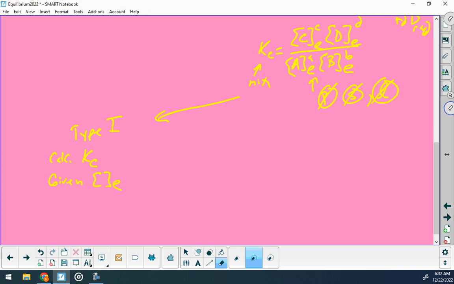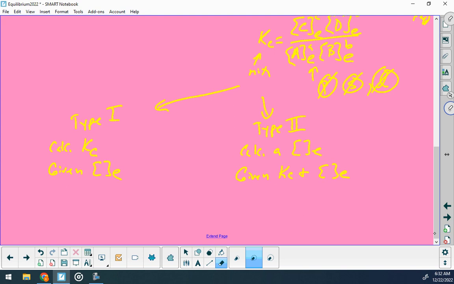The second type of problem, we'll call type 2, is that you're going to calculate an equilibrium concentration for one of the products or reactants, and you're going to be given the Kc and all remaining equilibrium concentrations. So those are the two ways to do it. Let's take a look at a possible problem.